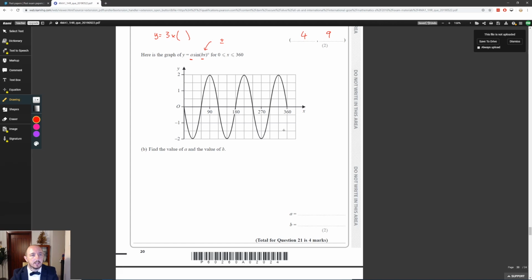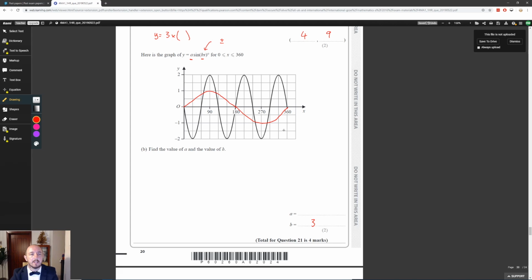If we look at the original curve for sine x, it would be like this on this scale, and it would go down to -1 and back up. So straight away we can see that we have one wave in the normal sine curve, and here we've got 1, 2, 3 waves. So we know that it's been squashed by a factor of 3, and that is the b term.